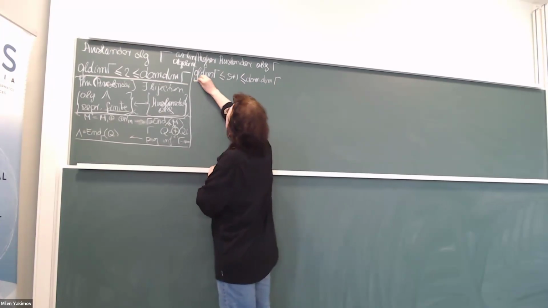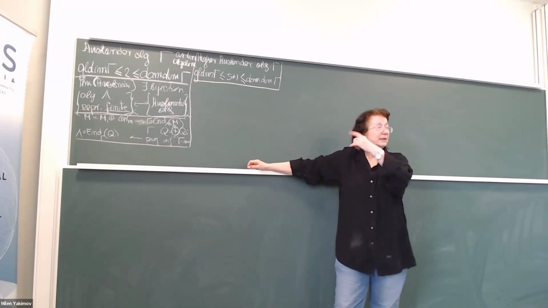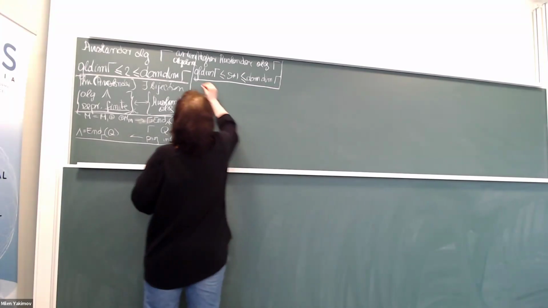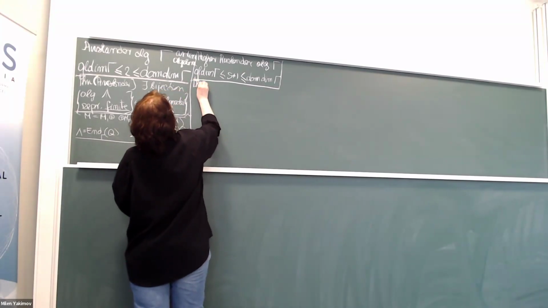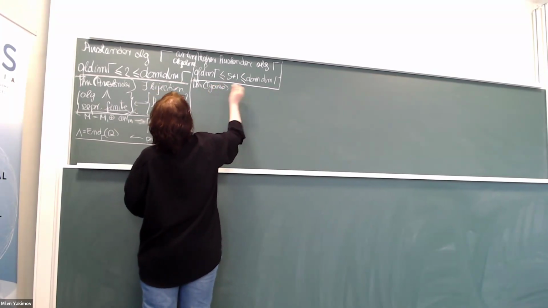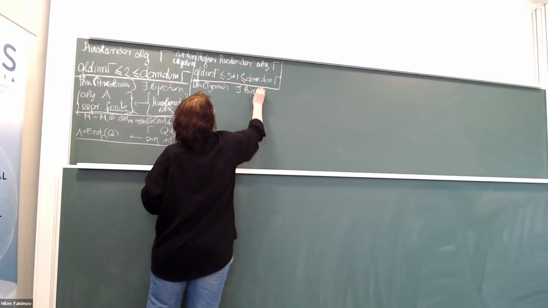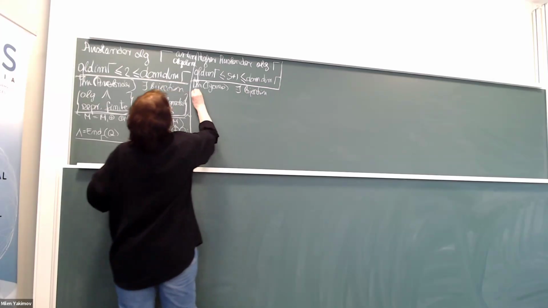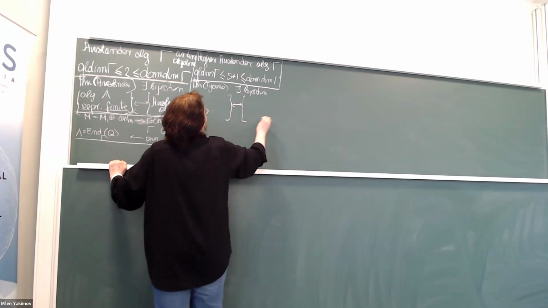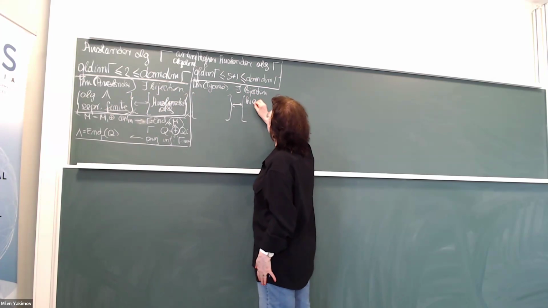It's the same idea that global and dominant dimensions are equal. Then again Iyama's theorem says that there exists a bijection with higher Auslander algebras.